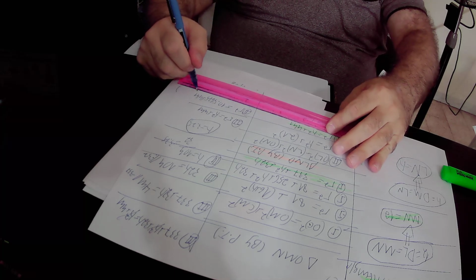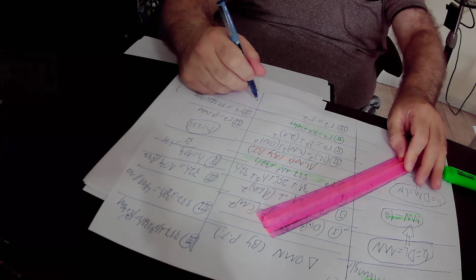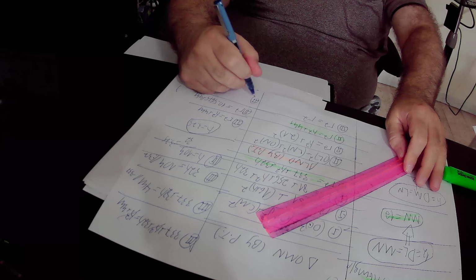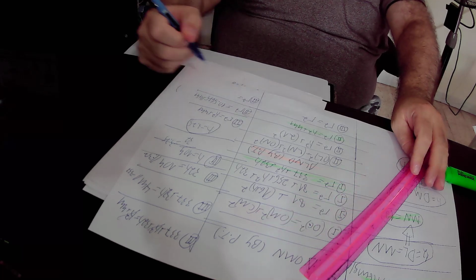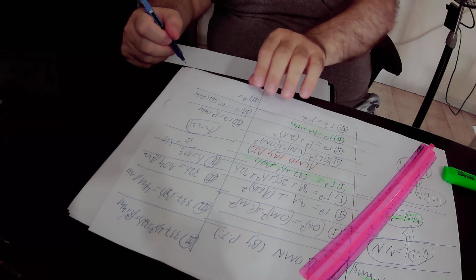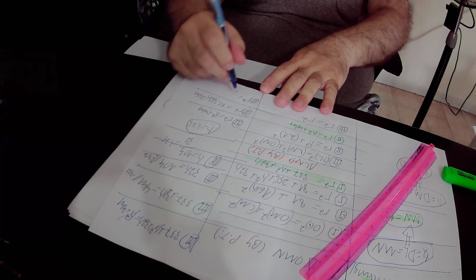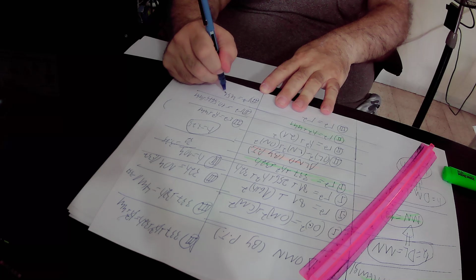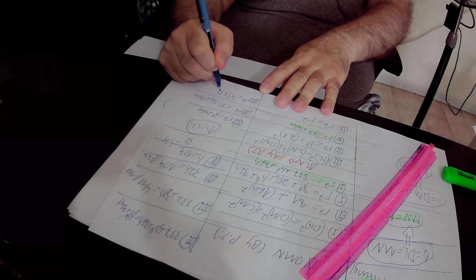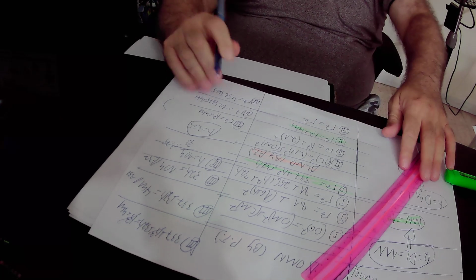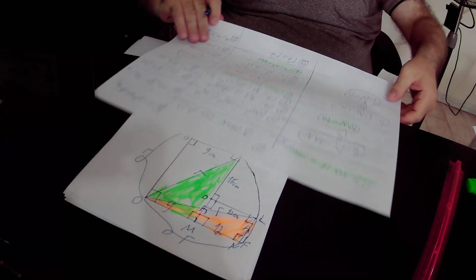So we found out that r square, according to equation number 2, equals to 441 plus 10.5625, it is equal to 451.5625.